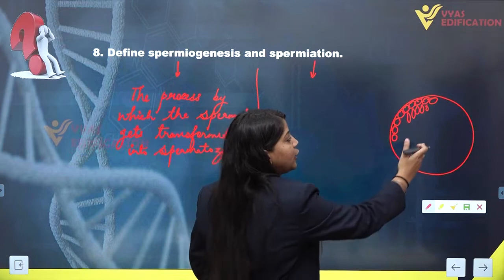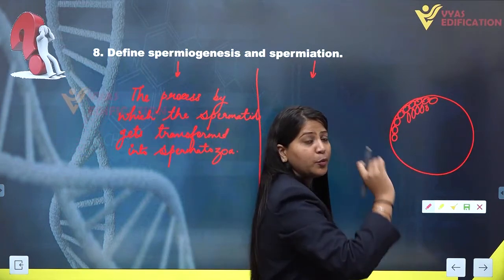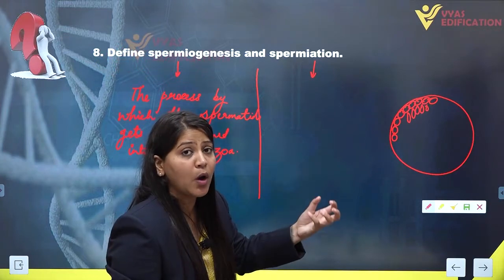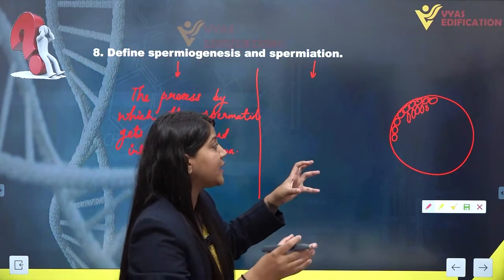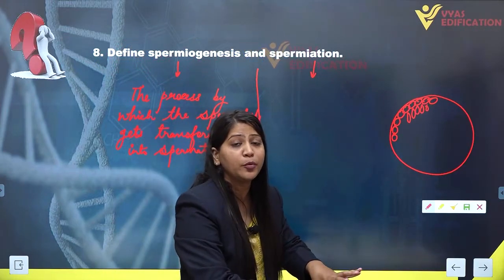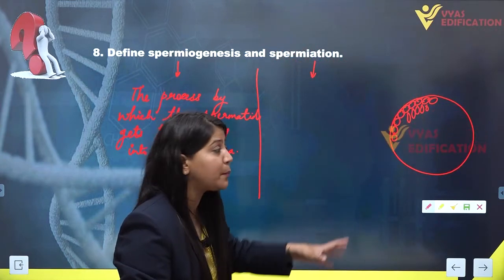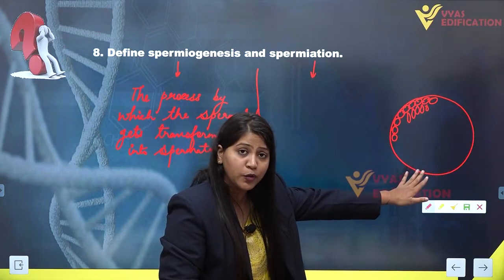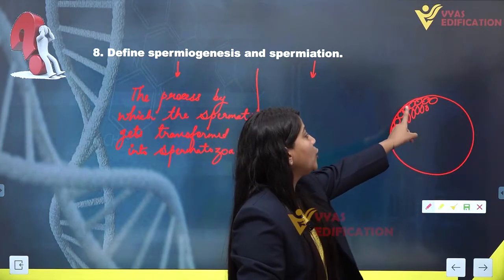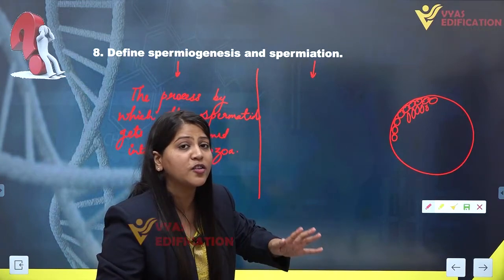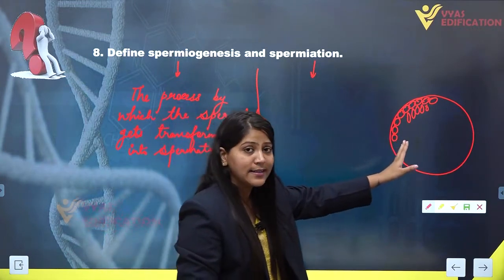Now, this is the lumen of the seminiferous tubule. We know that the formation of spermatozoa or sperm cells takes place inside the seminiferous tubules, because the spermatogonia cells, or the male germ cells, are present inside the seminiferous tubules only. So these spermatogonia cells will give rise to the spermatozoa or sperm cells.